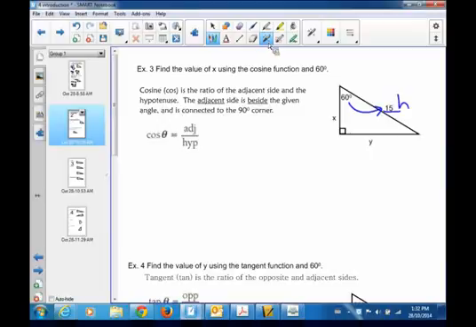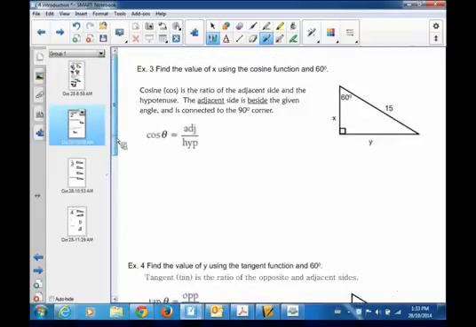The adjacent side is always beside, and it has to be connected to that 90-degree corner. That's how I know this is the adjacent side, okay? So adjacent just means beside, and it has to be connected to the 90.